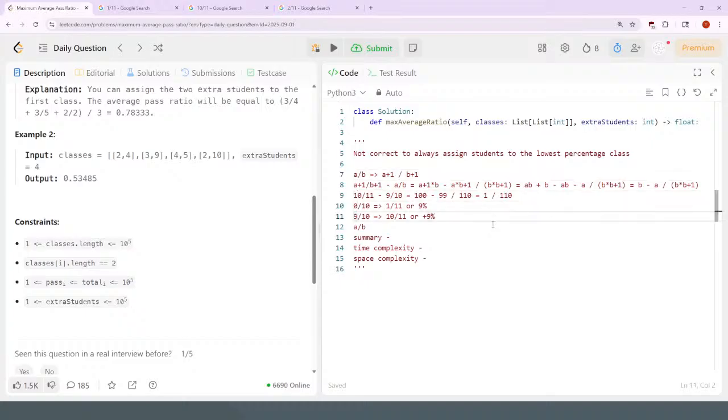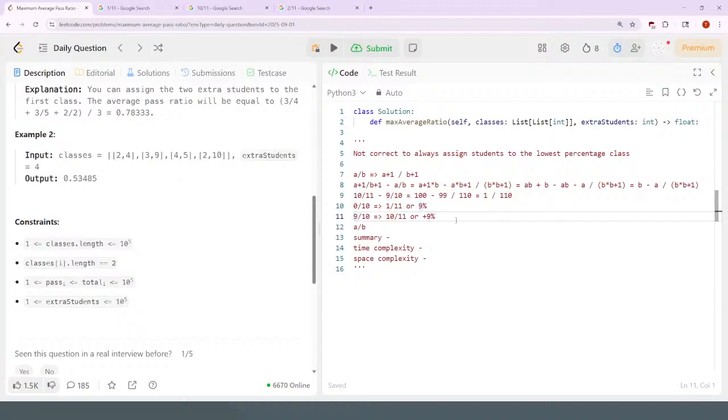So if initially, B minus A, so 0, 10, so A is 0, B is 10, so it'd be 10 minus 0, which is 10, 10 out of 110, which is 1 out of 11.